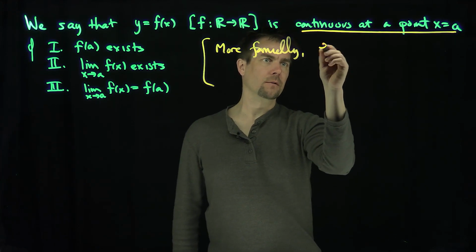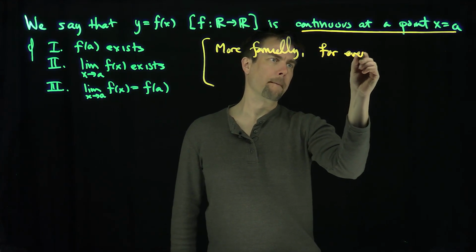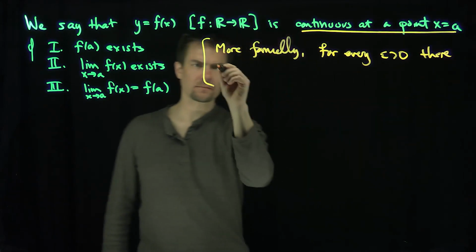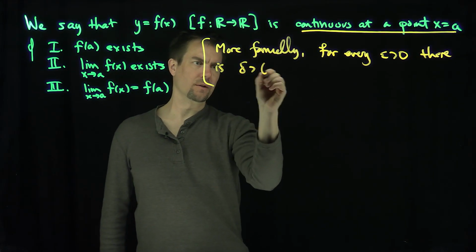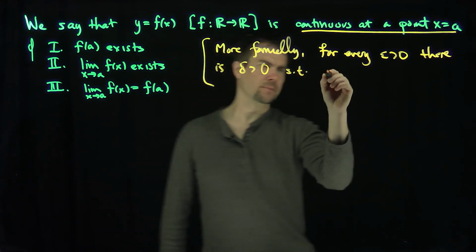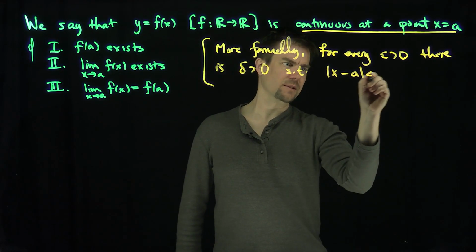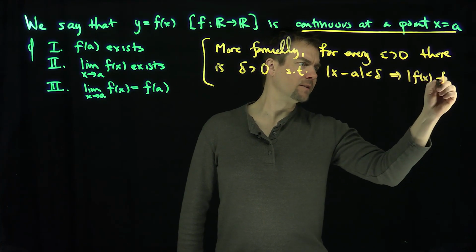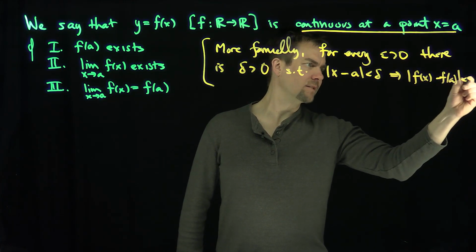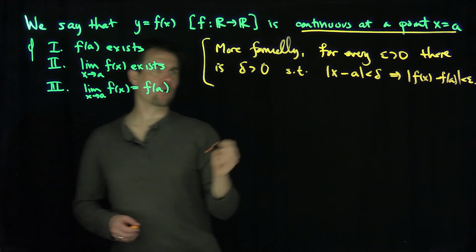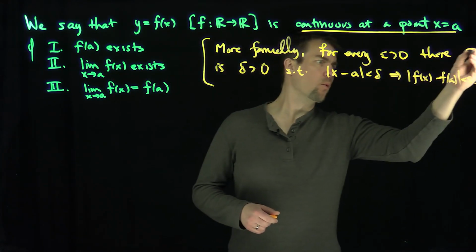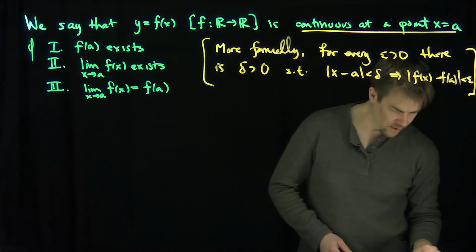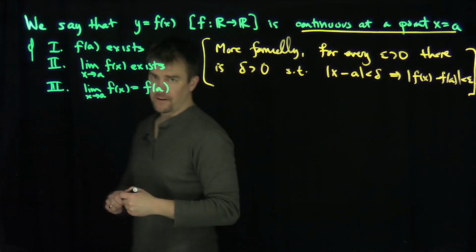For every epsilon greater than 0, there is delta greater than 0, such that if the absolute value of x minus a is less than delta, this implies that the absolute value of f of x minus f of a is less than epsilon. Okay, that's the formal definition of continuity. We're going to focus more on just using these limit definitions over here because we're very comfortable with limits now. And so let's see some examples of how functions can fail to be continuous.